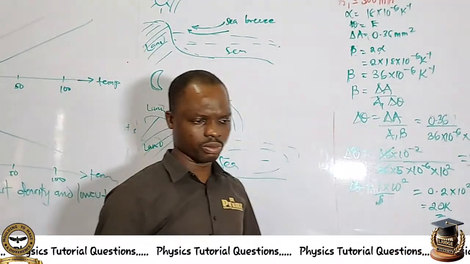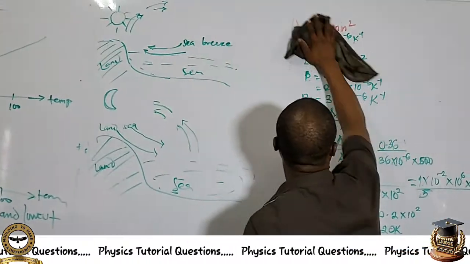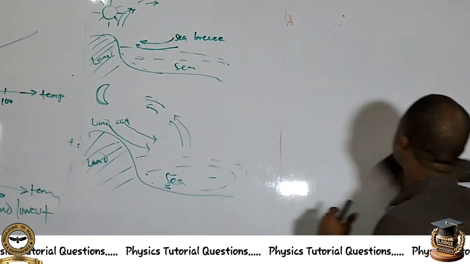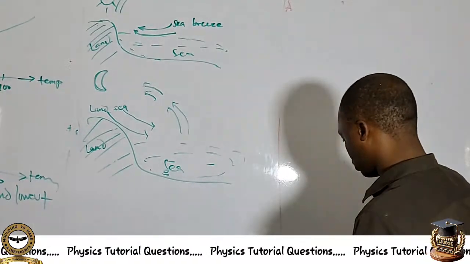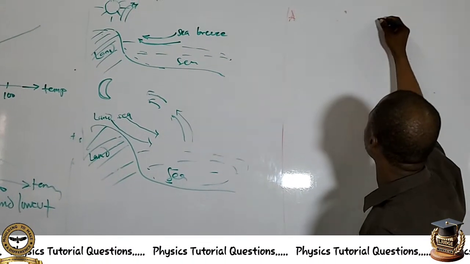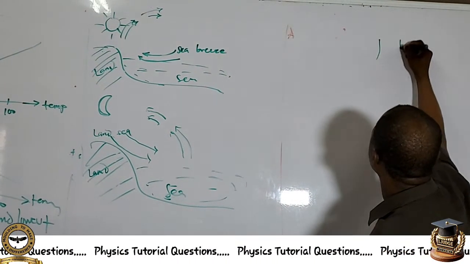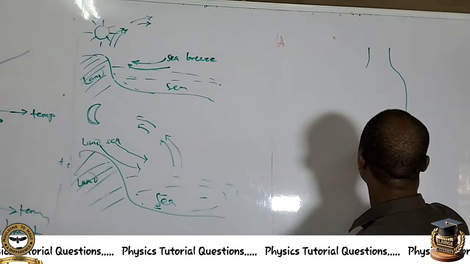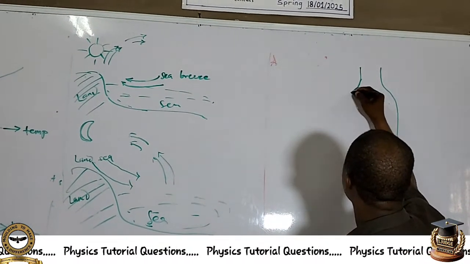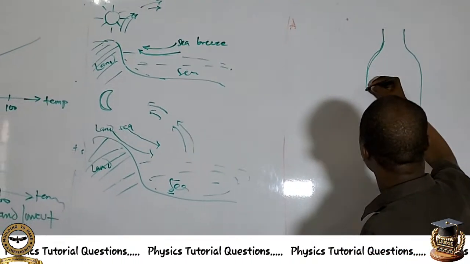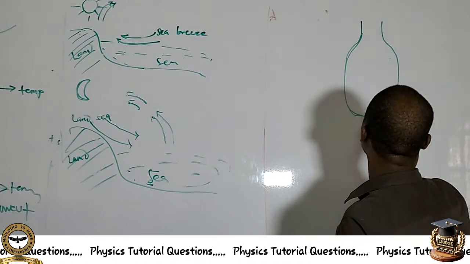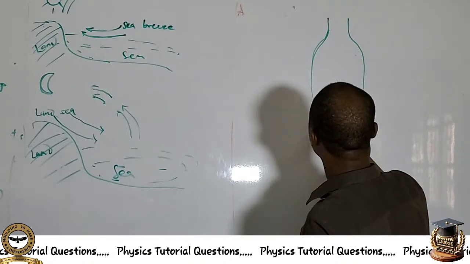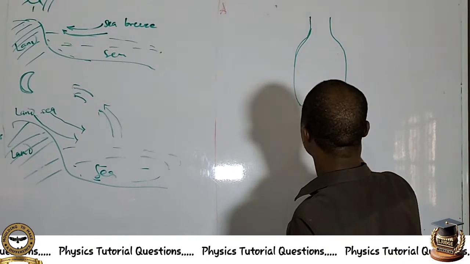So let's look at application of heat when you look at the area of thermos flask. The thermos flask. This is the cork support.